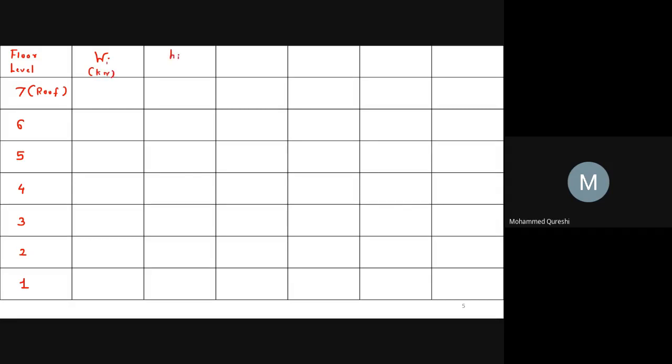Then Hi, height of floor, it will be in meter. Then according to expression Wi Hi square, and Wi Hi square upon summation of Wi Hi square, and here your equation Qi equals to VB Wi Hi square upon summation of Wi Hi square, and lastly our shear Vi in kilo Newton.